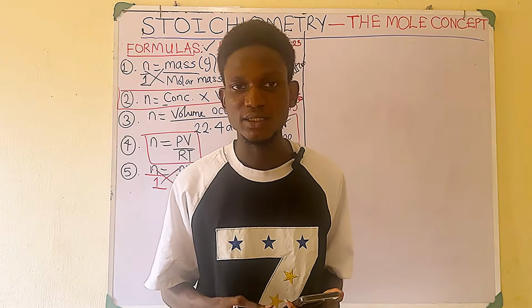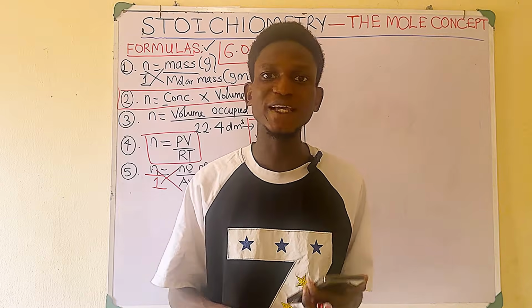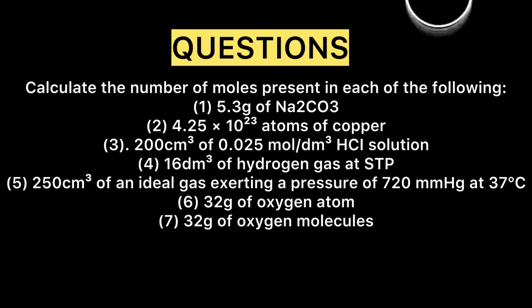It's time for business. We're going to be calculating the number of moles for different scenarios. So the first question should be shown on your screen. All the questions actually. We're going to calculate the number of moles in these 7 different questions. The first one is 5.3 grams of Na2CO3, 4.25 times 10 to the power 21 atoms of copper.